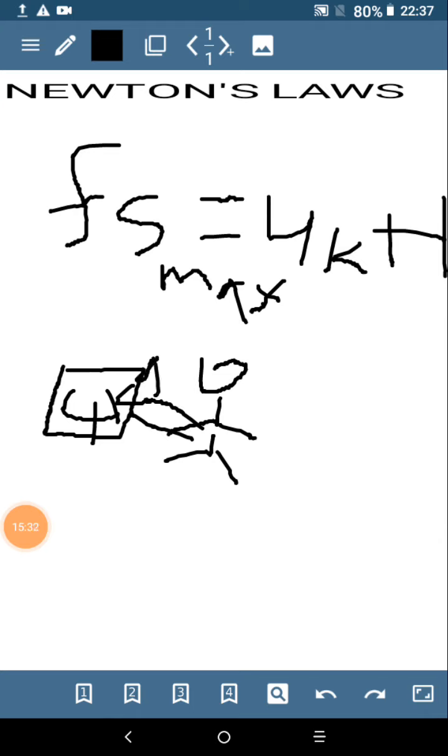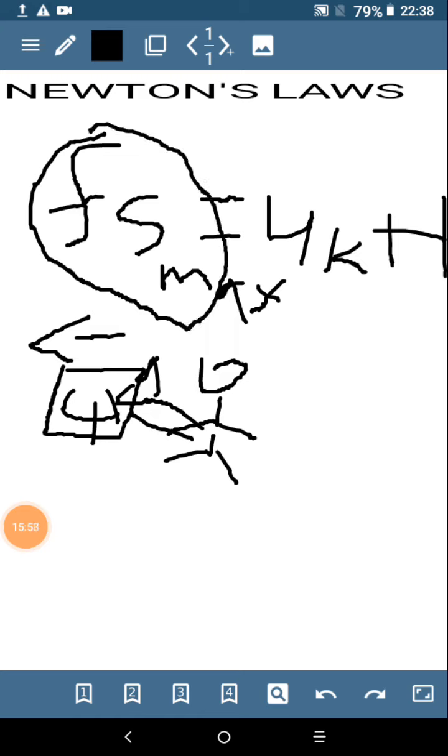The guy is trying to apply a force to the stationary object to move it to the left. Now the object is not moving. It's not that the guy is not exerting a force, but there is that frictional force we are talking about, the static frictional force.